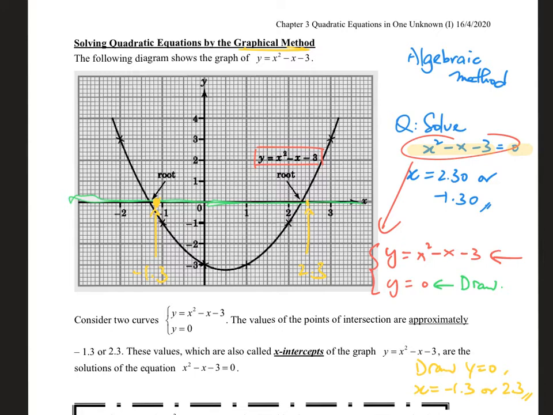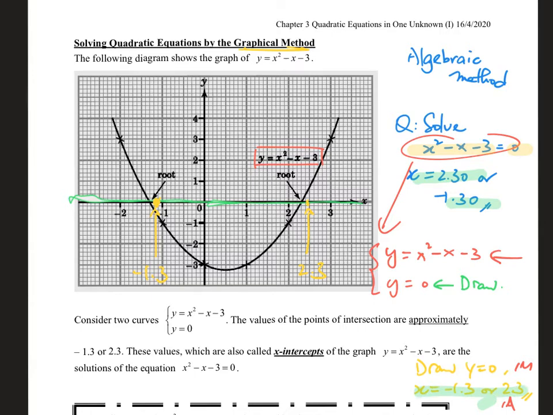In the marking scheme, normally we give you 1 mark for the line to be drawn and 1 answer mark for the answer obtained from the diagram. Now you can compare the answers. In the algebraic method, because you are allowed to use a calculator, the answer is more precise: 3 significant figures or even more as you like. But in the graphical method, the answer is limited by the grid lines.